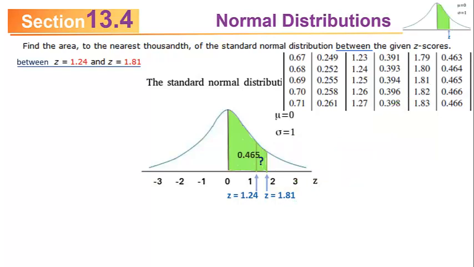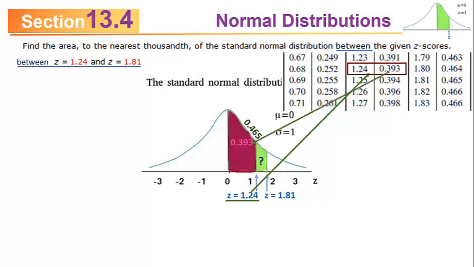Well, we also know that we can look up 1.24 in the table and get an area that represents the area from 0 to 1.24, and that's the amount that we want to subtract away because that's the area that we didn't want. So if you look up 1.24, you'll see the area is 0.393, but that's the area we don't want.